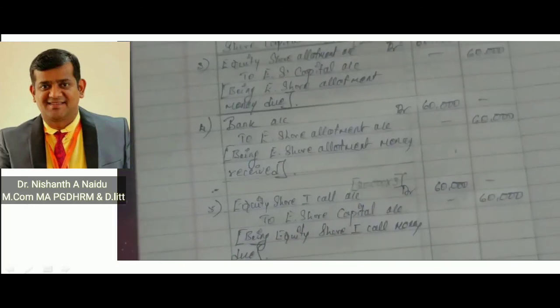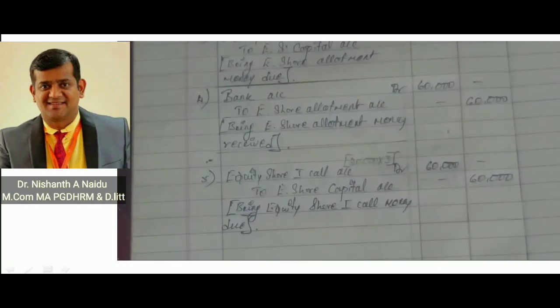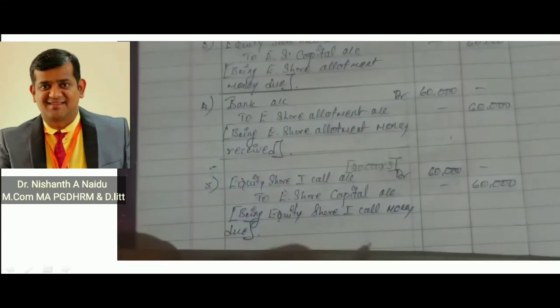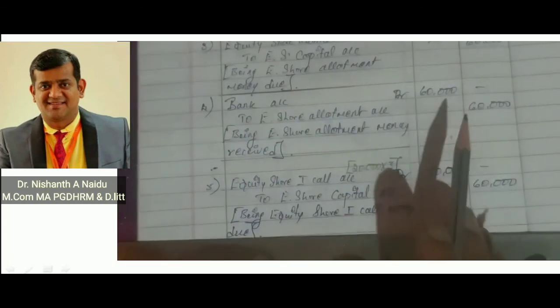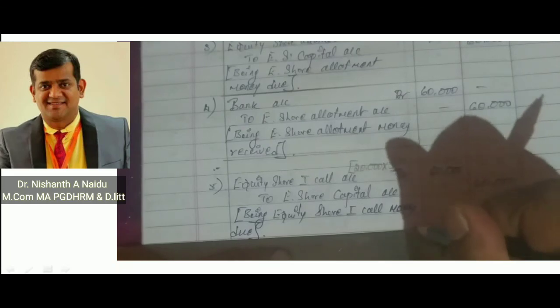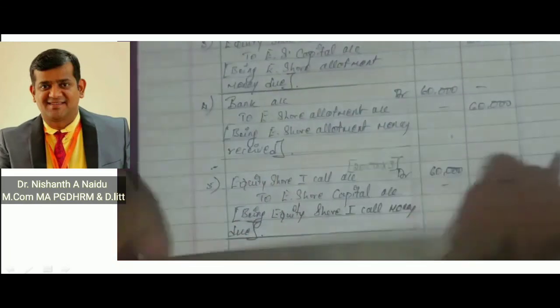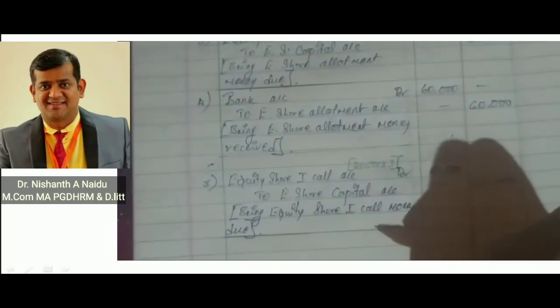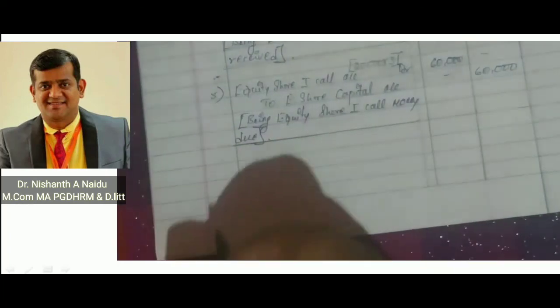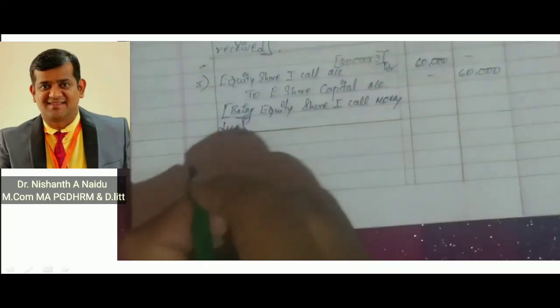Yes, I'm done with the due entry. So now I'm going to pass the receive entry. Here you have to be a bit careful while passing the receive entry of first call. Why is it like that?